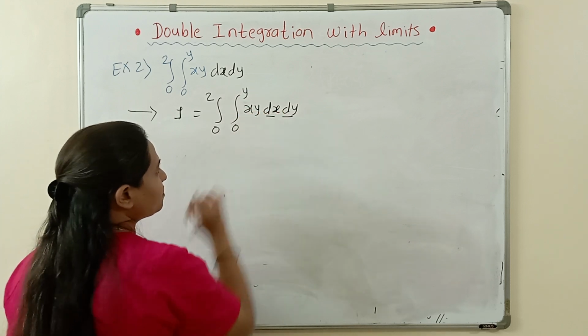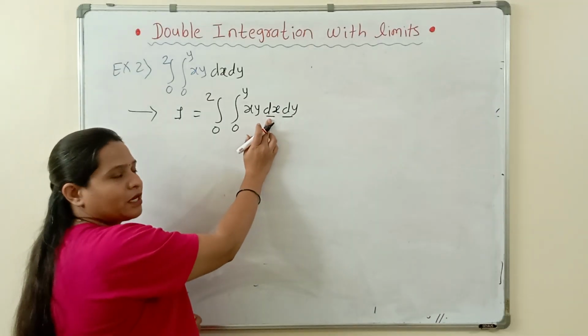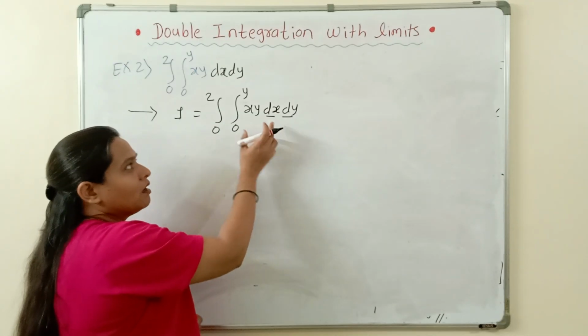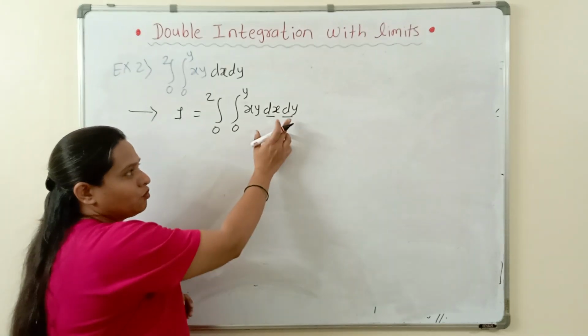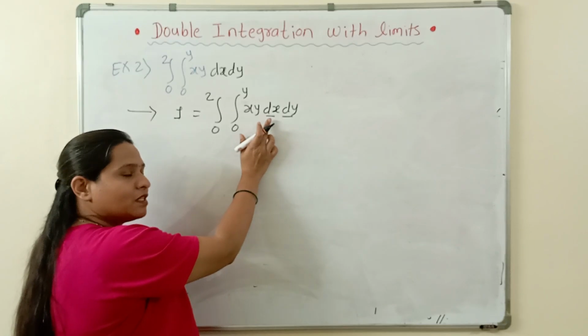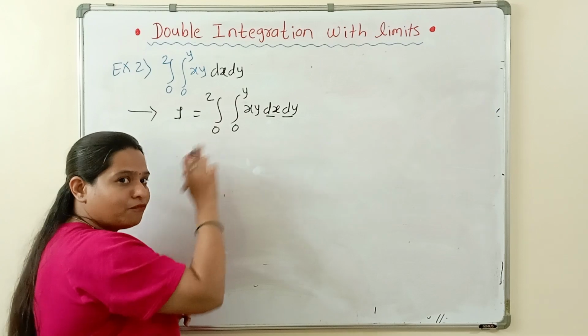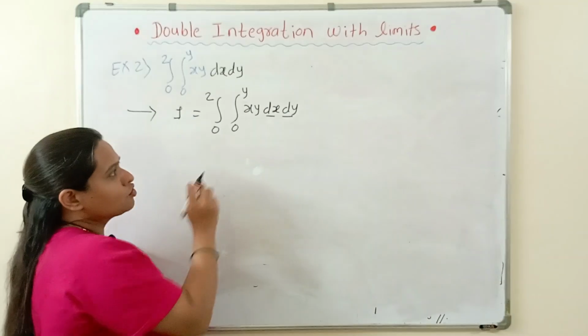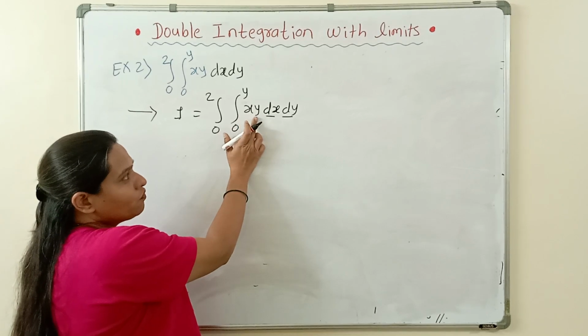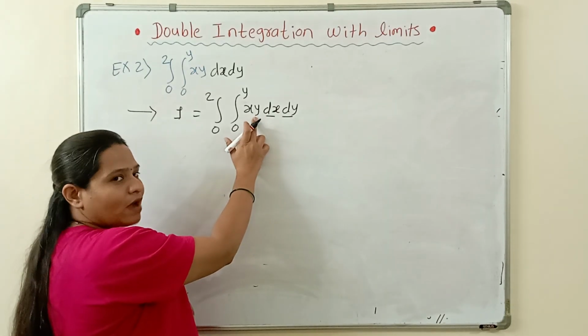Dx into dy order means that first we will integrate with respect to x, and then after putting the limits, whatever we get, we will integrate that with respect to y. Now again, while integrating with respect to x, the terms of y, if present inside the integration, we will consider as a constant. So here, while integrating x into y with respect to x, we will treat y as a constant.